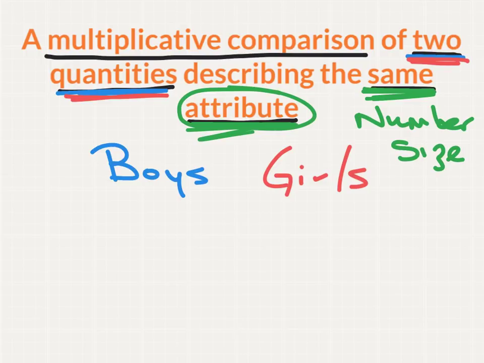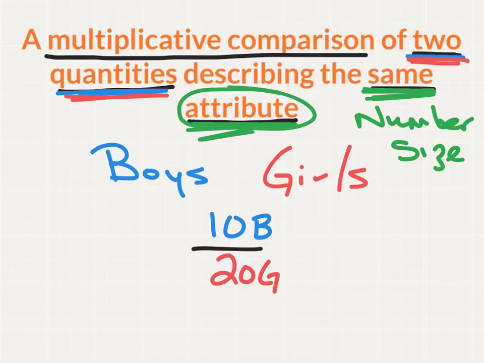Finally, it's a multiplicative comparison. That means if I have, say, 10 boys and 20 girls, I'm comparing two quantities, boys and girls, and the same attribute, the number of boys to the number of girls. 10 boys to 20 girls.